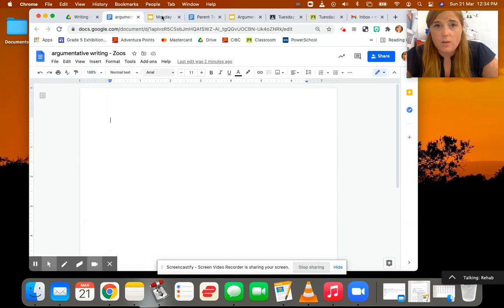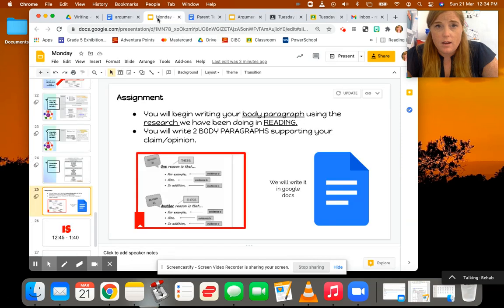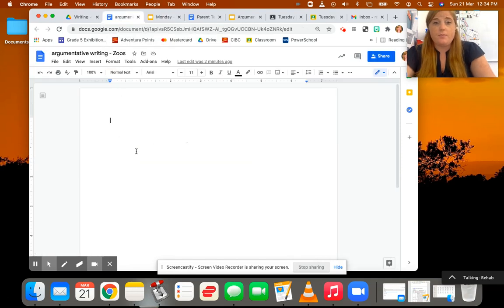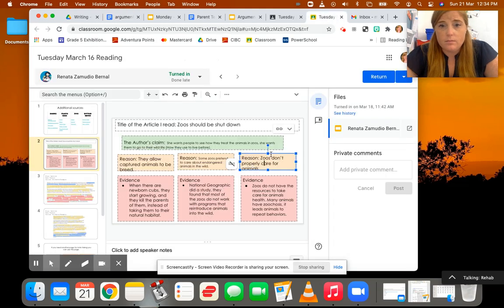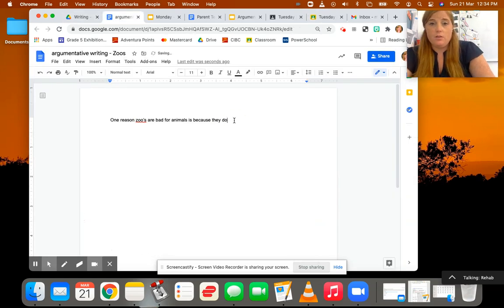So if I was to write that, I'm going to start off with the transition word. One reason zoos are bad for animals is because they don't care properly for animals.